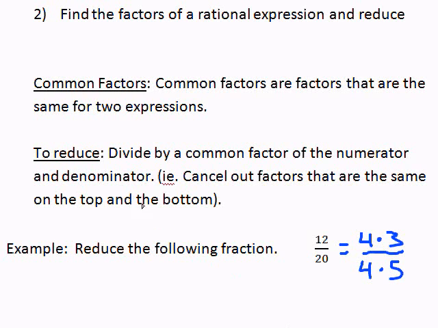So to reduce, we could either divide the top and bottom by 4, thereby canceling out the 4's, or we can just go ahead and cancel out the common factor, top and bottom, leaving us with 3 over 5.